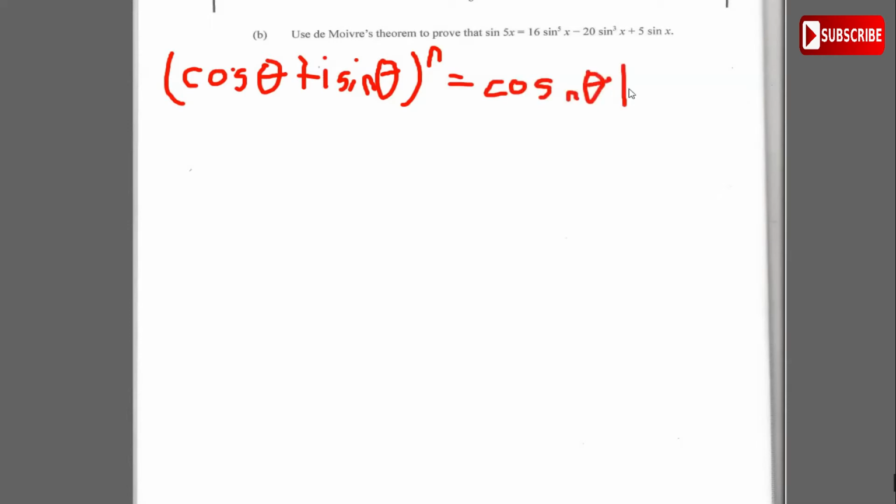So this is a theorem that we're going to use in order to solve this easy question. Cos theta plus i sine theta to the n is equal to cos n theta plus i sine n theta. So in this case, we're going to let n be equal to 5.